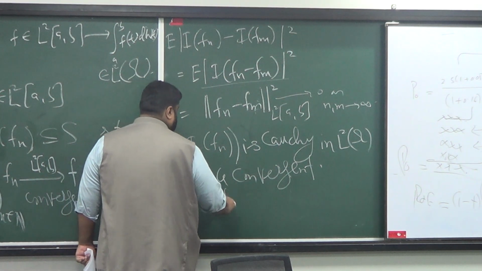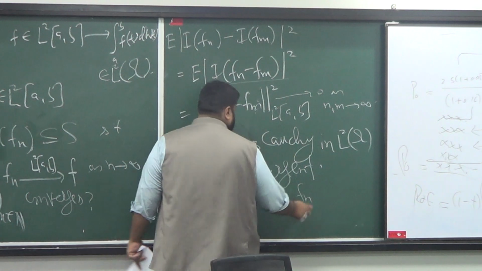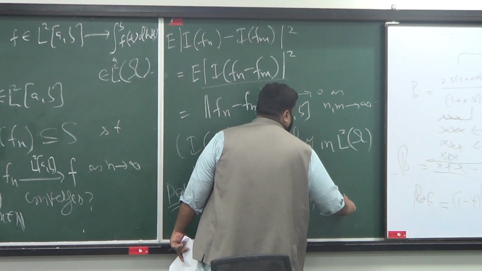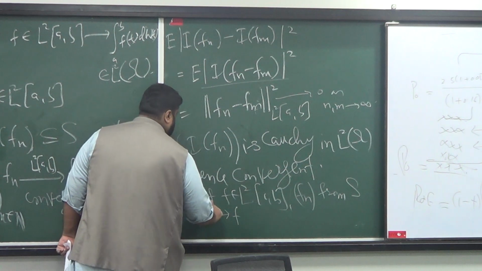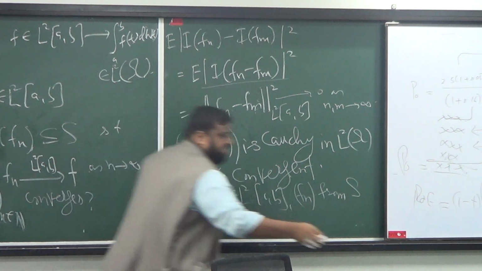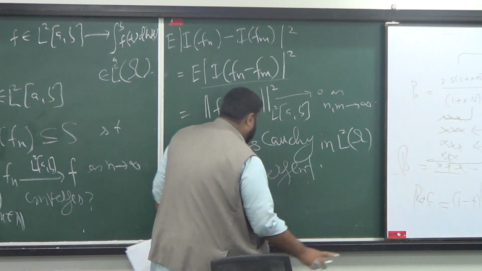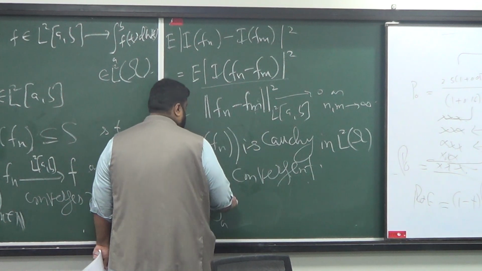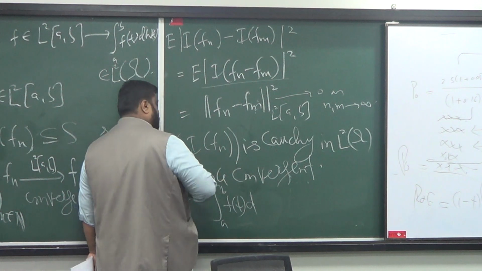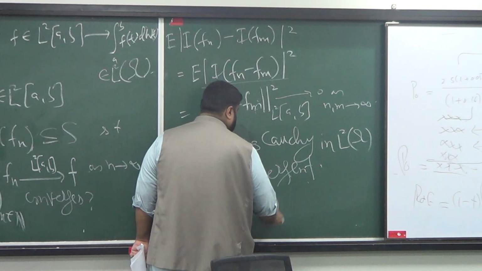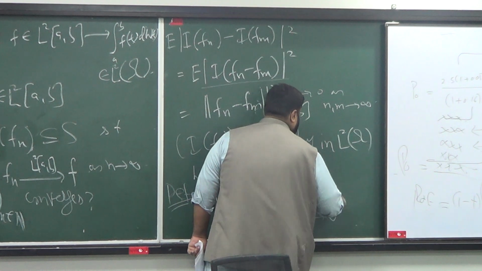So I'm putting a definition. If f is from L2(a,b), and fn is a sequence from the space of step functions such that fn approximates f in the L2(a,b) sense, with the same notation as the previous discussion, then if you want to define the Wiener integral from a to b of a square integrable deterministic function f(t), it is the limit as n goes to infinity of I of fn.